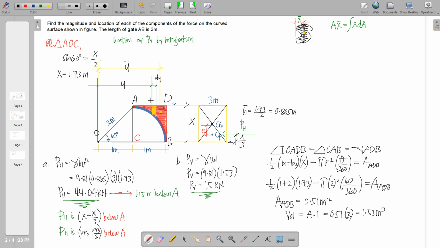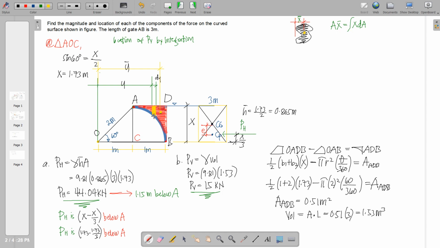So in here you can notice that our strip, or this element here, the yellow element, has a horizontal distance from your reference O. So basically, you also need to establish a vertical distance from point O to complete your variables in the integral equation.